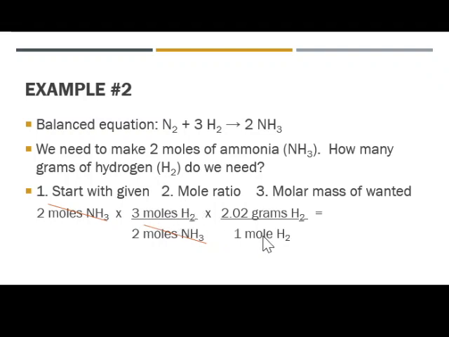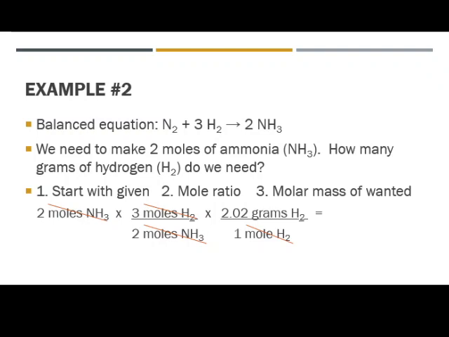So now I'm going to put moles of hydrogen on the bottom because that is not what I want to be in. I want to be in grams of hydrogen. And I will put grams of hydrogen on the top from the molar mass, which causes my moles of hydrogen to cancel. And 2.02 grams of hydrogen is calculated from the periodic table.